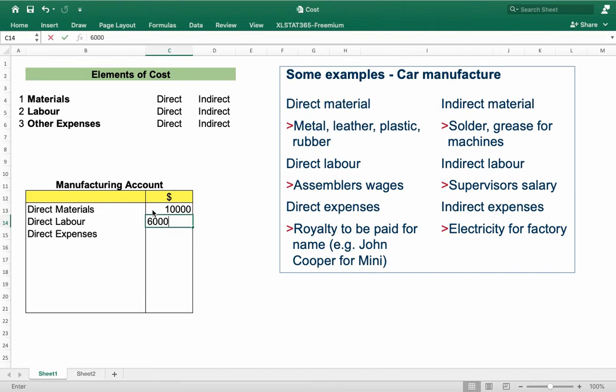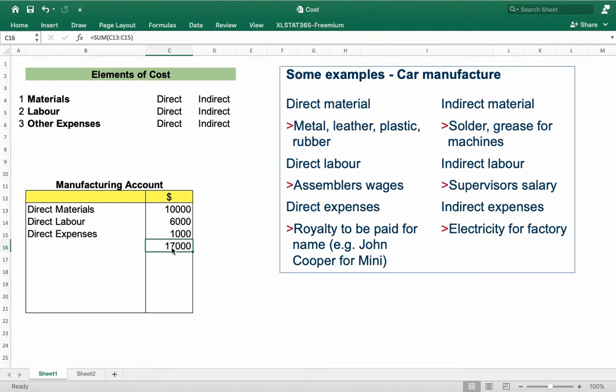Direct labor we paid $6,000 and direct expenses 1,000. 10,000 we paid for metal, leather, plastic and rubber. 6,000 I paid as the assemblers' wages, and 1,000 I paid for the royalty to John Cooper.